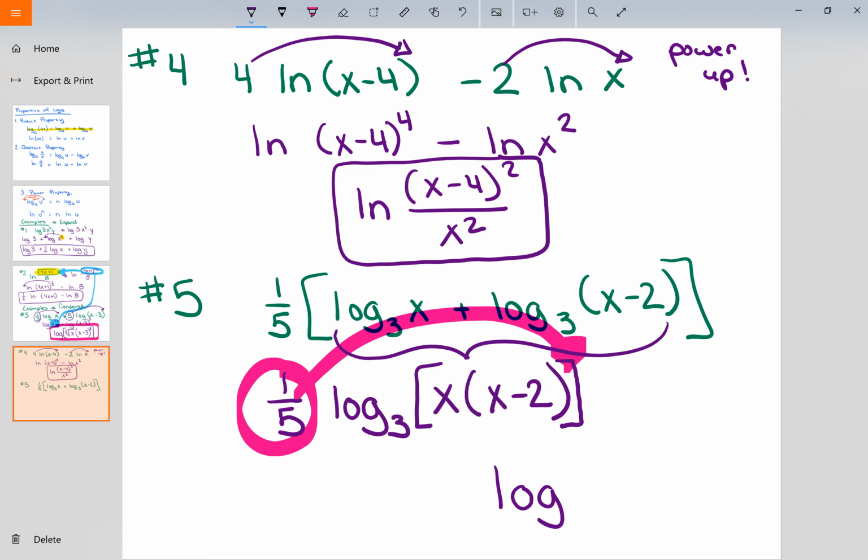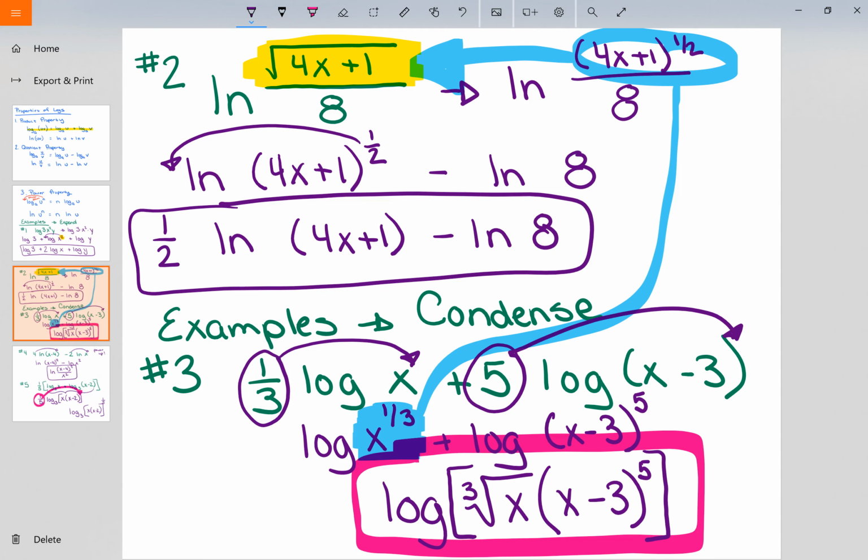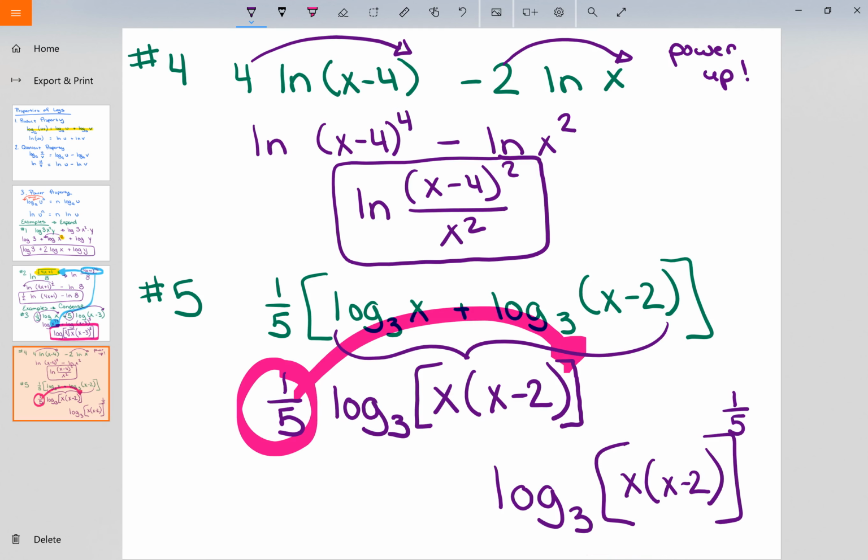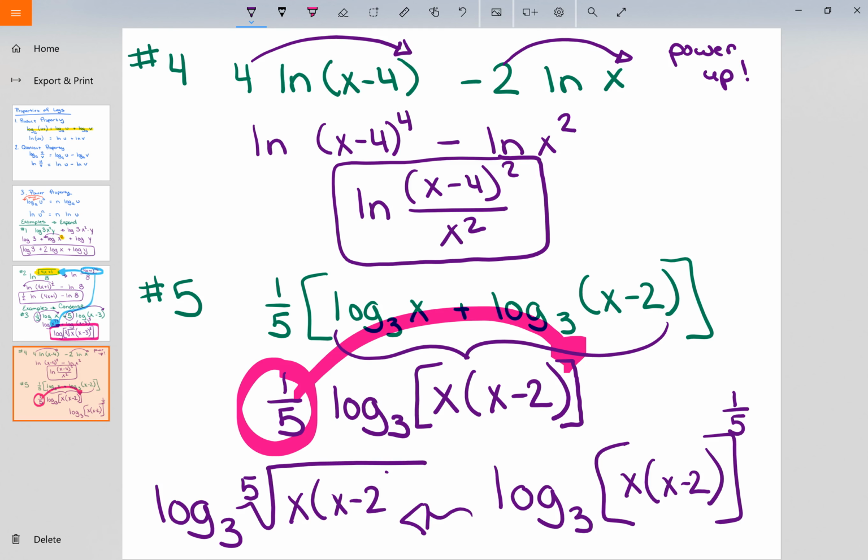So it would be log 3 x minus 2 gets the power of 1/5. But remember, on this other example, we don't leave it as the 1/5. We have to convert it back to the radical form. So I'll come over here this direction and write log base 3 5th root of x minus 2. And then here is your condensed answer.